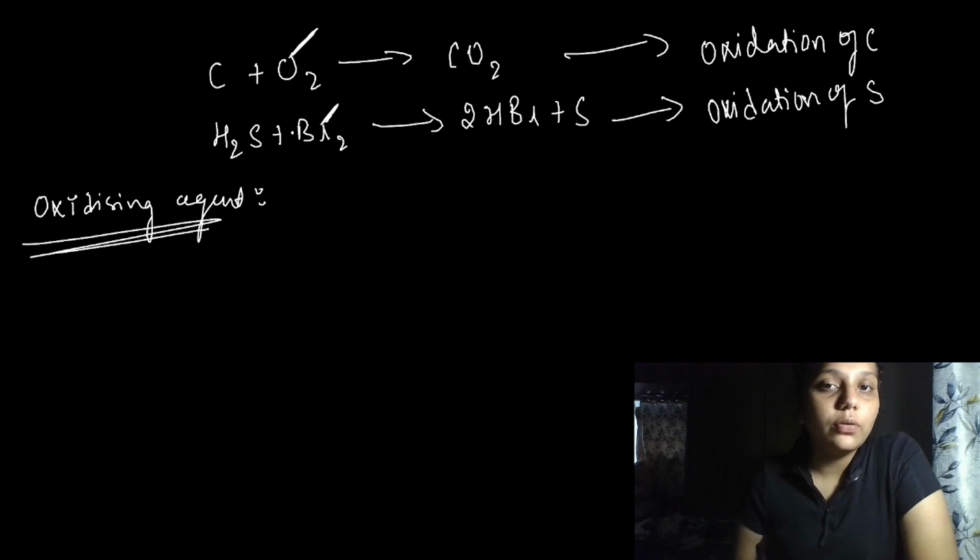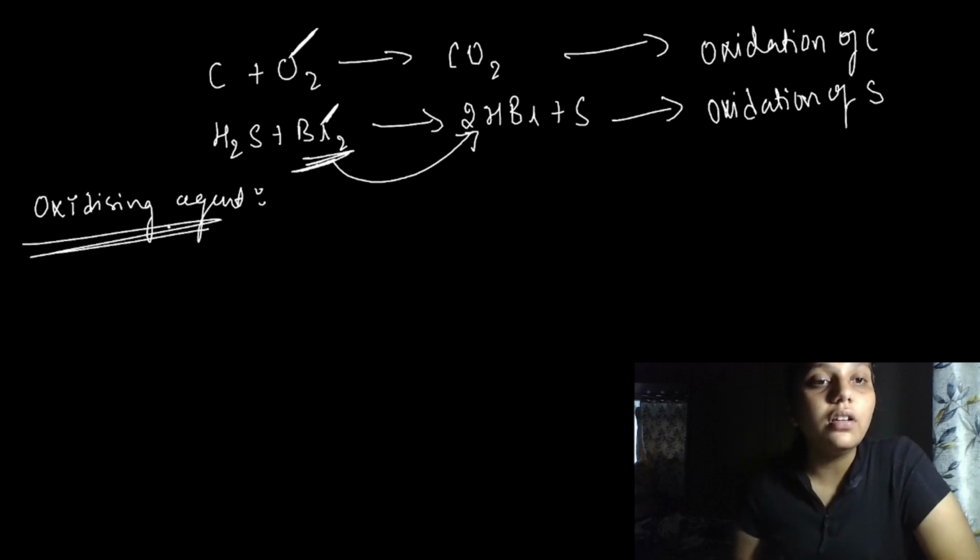Why? Here you can see it is Br2. What is happening? We are adding the hydrogen. It is sacrificing its life for the sulfur, saying you be away, I will be with this hydrogen, right? So that acts as an oxidizing agent. We will learn in depth what an oxidizing agent is in the coming lessons.